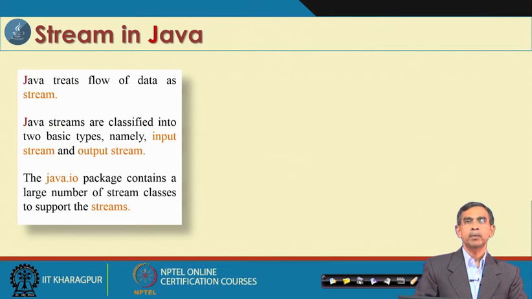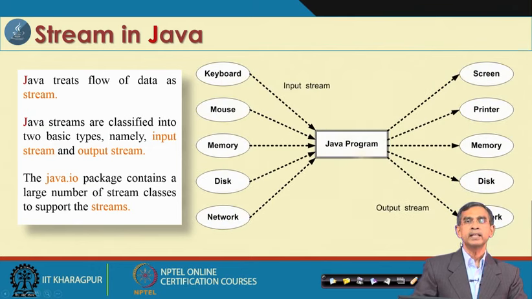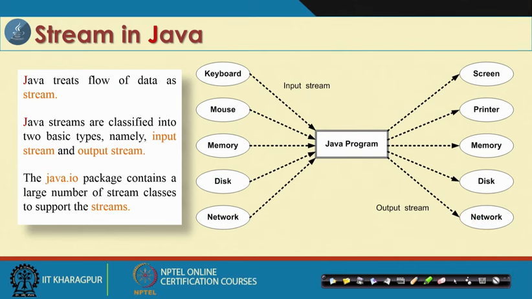In order to provide versatility in the programming environment, Java developers provide a very good package dealing with input output streams. This package is called java.io. The java.io package can handle many types of devices as the source of input as well as many destination devices for the output.